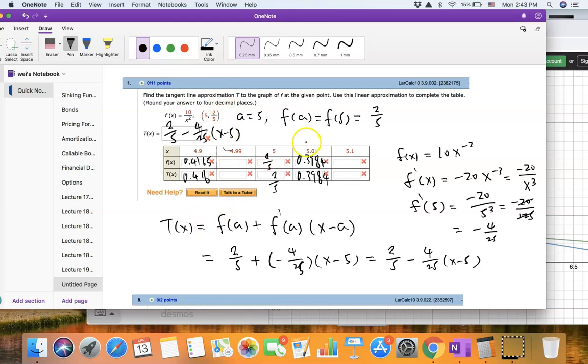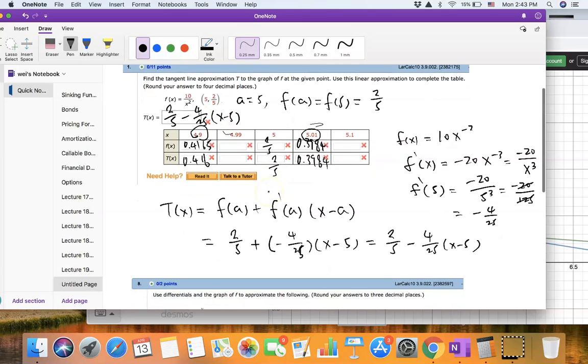So by looking at the real value and its estimate value, we can see they are pretty close, right? This is because the values we want to estimate the function at, like 4.9 and 5.01, are close to 5, right? Okay.